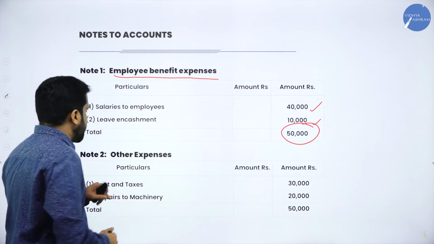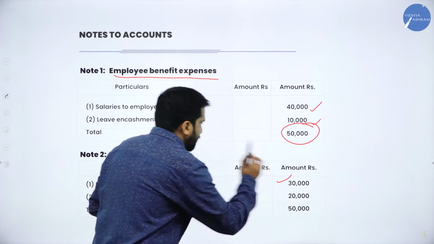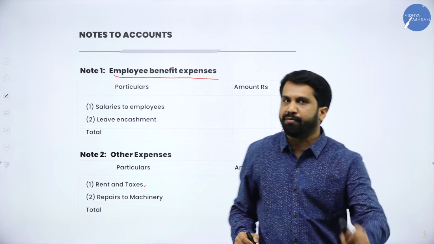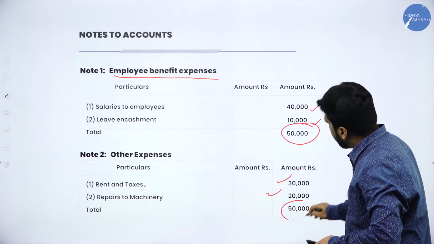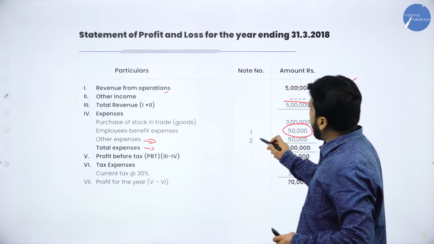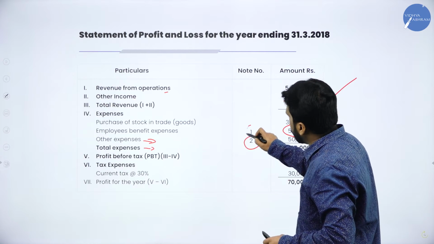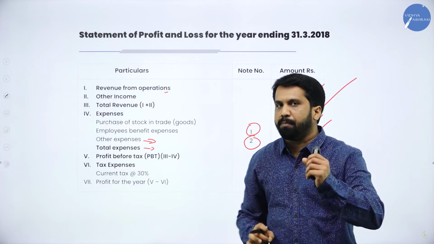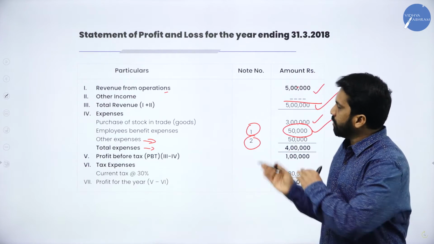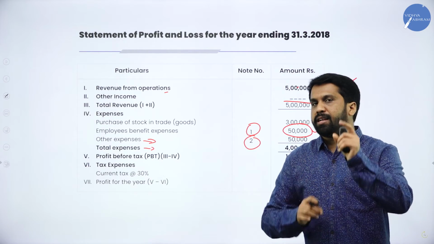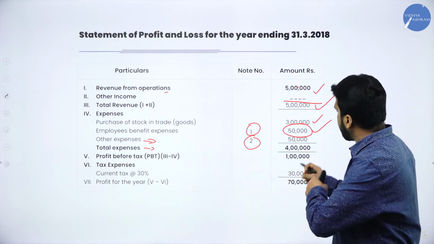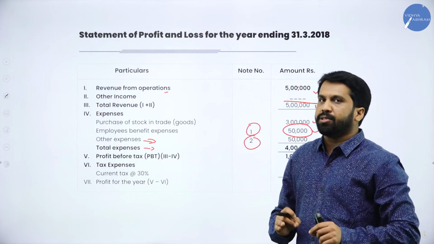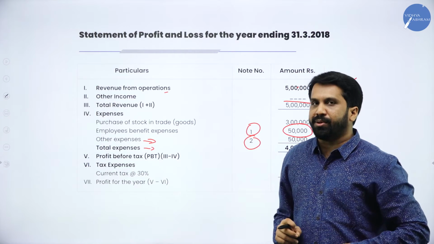Other expenses: rent and taxes 30,000, repairs to machinery 20,000, total 50,000. So in your answer, you have to mention working note 2 and working note 1, so that while valuing your paper, the evaluator can go back to your working note, see your final answer and match it with this. Easy for valuation, so it is easy to score.